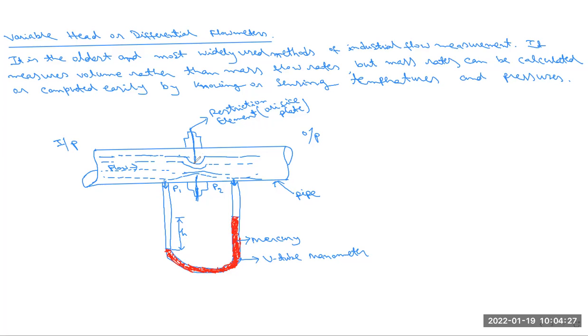So an orifice plate, venturi tube or elbow type meters are the different parameters we use in the variable head. One head is the orifice plate, another is the venturi tube, another is the elbow type of meters. These are the different variable head type flow meters.